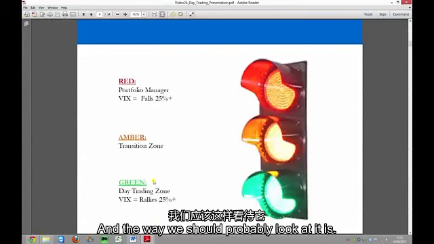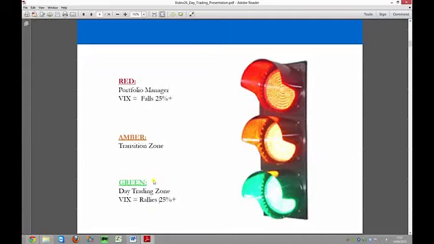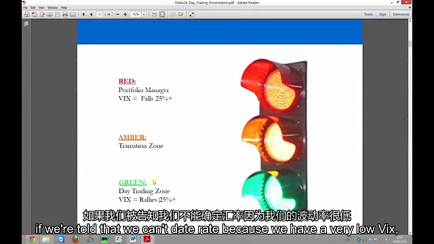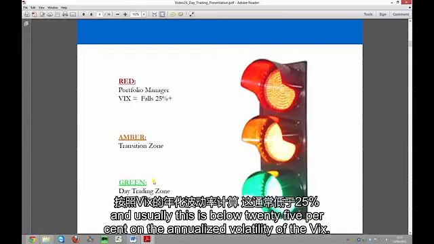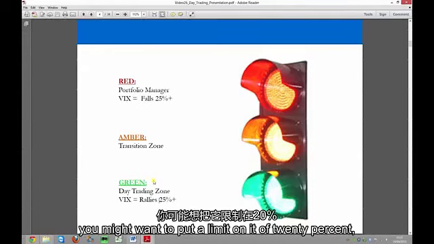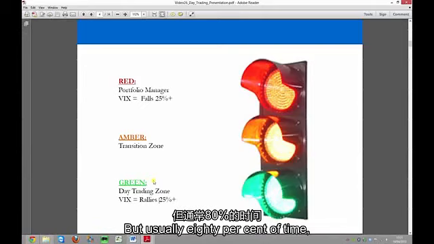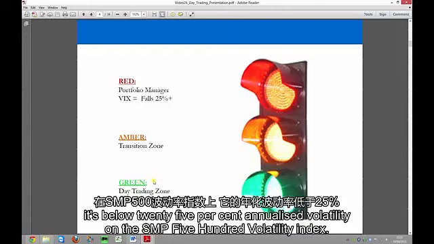And the way we should probably look at it is this traffic light system, where if we're told that we can't day trade because we have a very low VIX, and usually this is below 25% on the annualized volatility of the VIX, and there's no rules here. You might want to put a limit on it of 20% or even 15%, but usually 80% of the time it's below 25% annualized volatility on the S&P 500 volatility index.